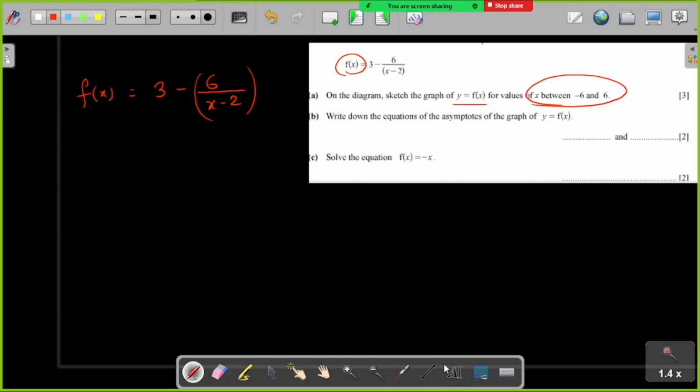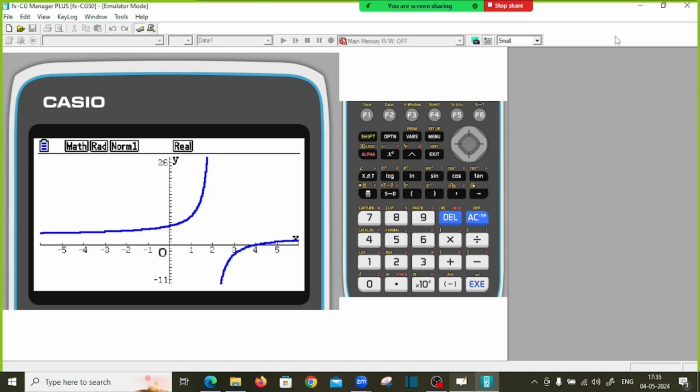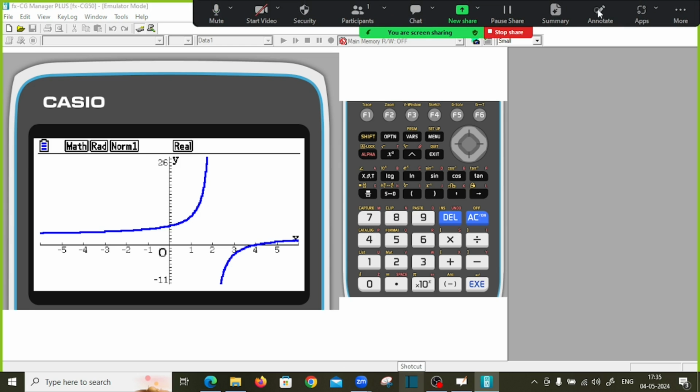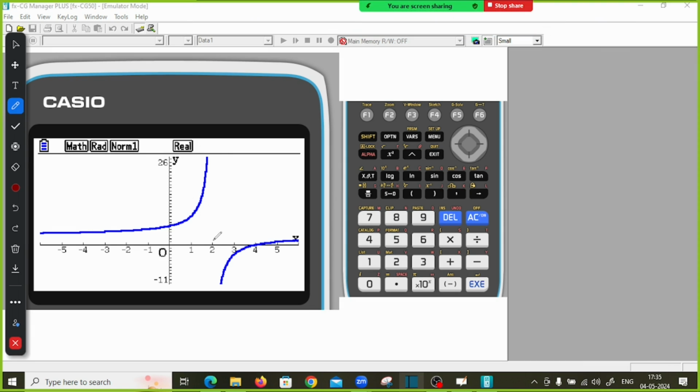Write down the equation of the asymptote for the graph of this. So we have to find its asymptote also. As you can see, is there any line along which the curve is moving parallelly? I can see the x equals 2 line, as you can see here.